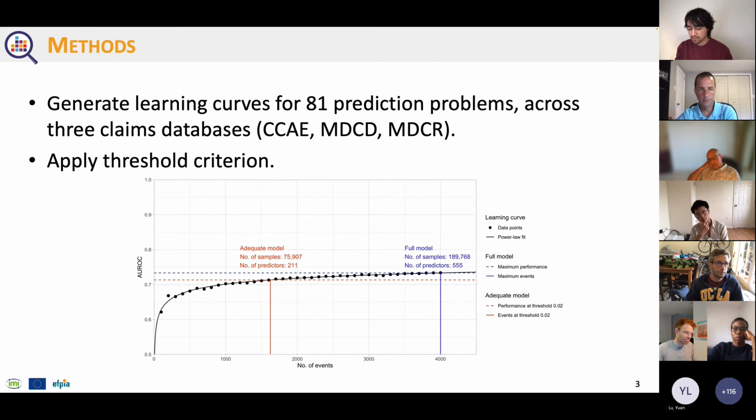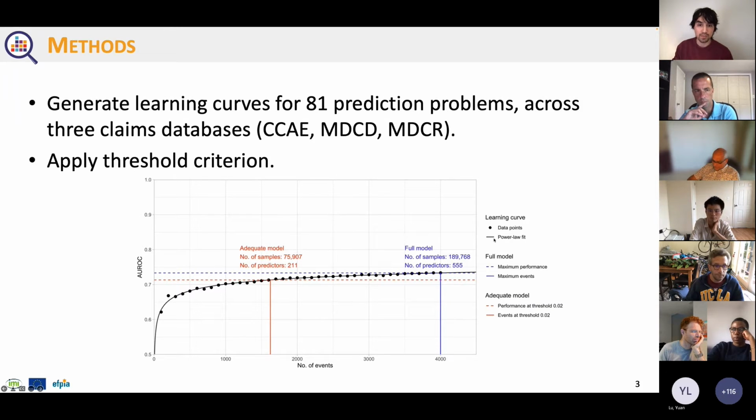Basically, to generate a learning curve, for each of these prediction problems, we developed a set of prediction models on an increasingly larger subset of this full training data set. And then we simply recorded the discrimination performance of each of these models. That gave us the data points for each of the learning curves. So you can imagine these are 81 times 3 learning curves.